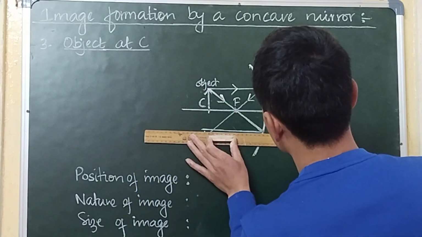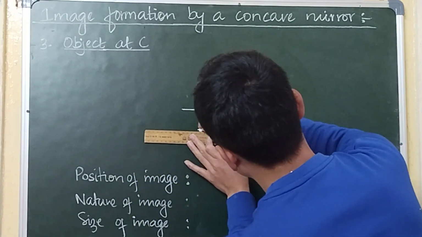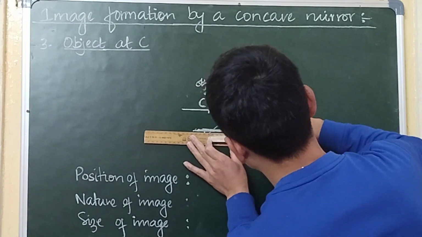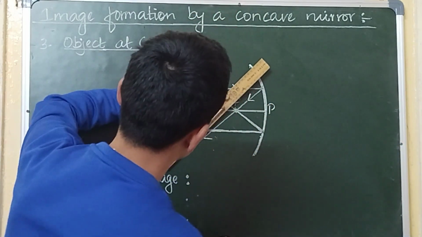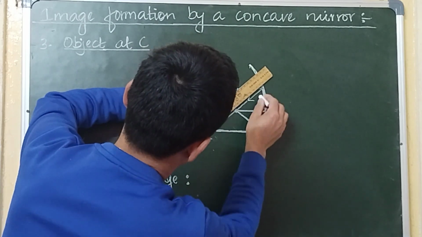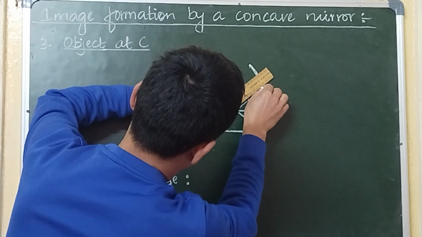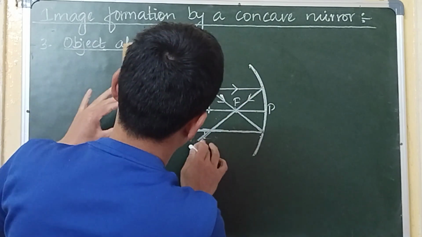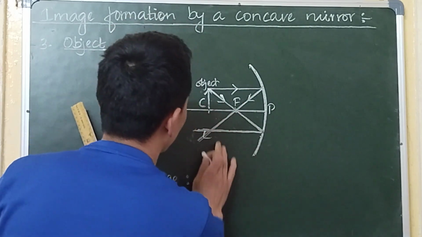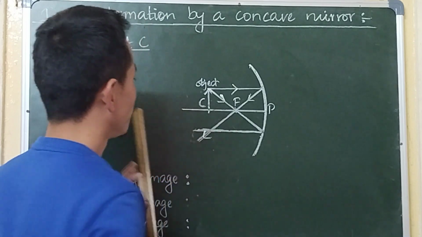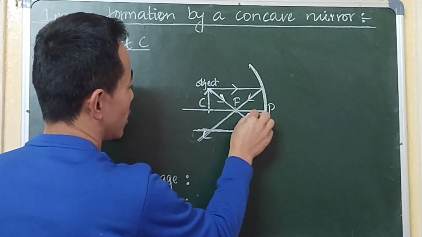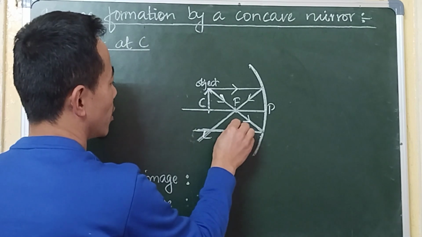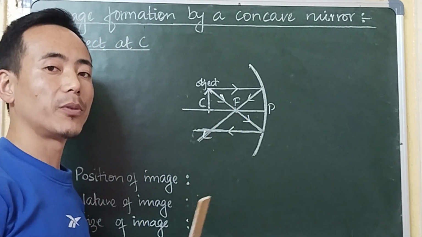If you use a sharp pencil and draw the diagram properly, you will exactly get the position of the image. Alright, so this incident ray is passing through the focus, and after reflection, it becomes parallel with the principal axis.